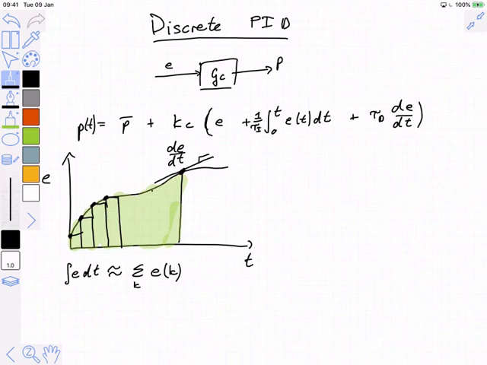But if I were actually trying to calculate that, I might be tempted to write E of k delta t. And so this is a position and this is an actual time.